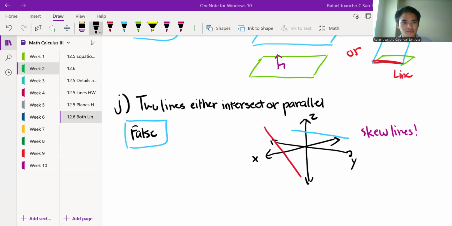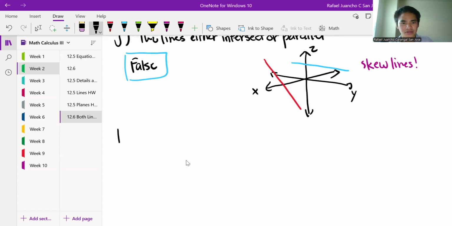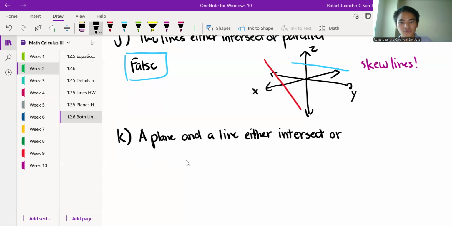Okay, next one, this is the last one for this item. This is long. Okay, so for the last one: a plane and a line either intersect or are parallel. If we're given a plane and a line, they either intersect or they're parallel to each other.